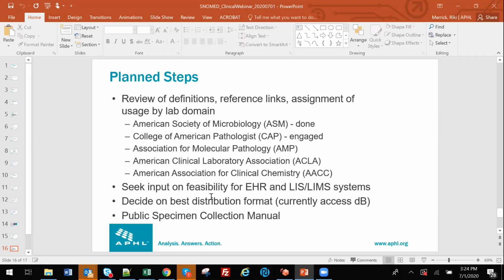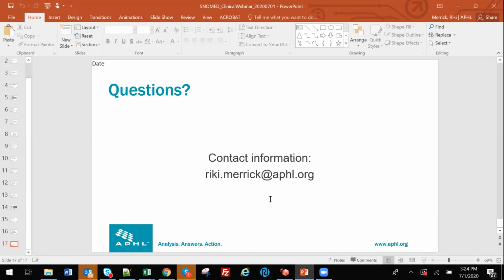So we're seeking input on the feasibility of how easily it is usable in this format for EHR and LIS systems. It could potentially become the backbone for a public specimen collection manual that already houses how to collect which specimen. So that's all I have.